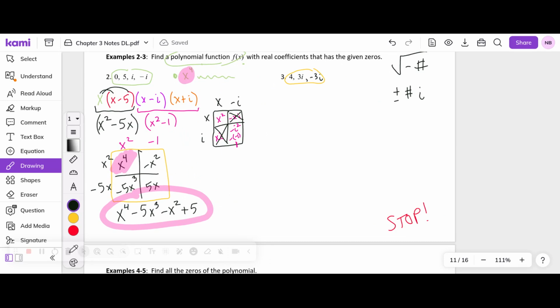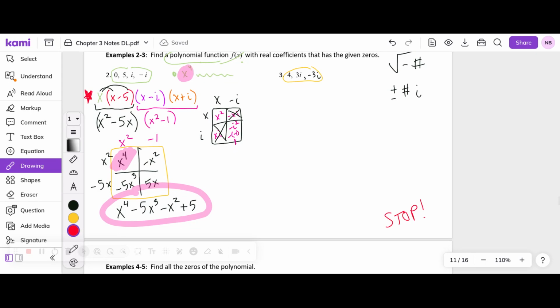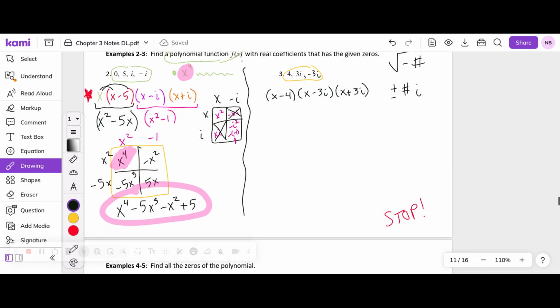What I want you to do is write this step for that problem. Okay, so now, if you have hopefully unpaused your video, we would have x minus 4, x minus 3i, and then x plus 3i. The second step here was that we needed to multiply all the stuff.